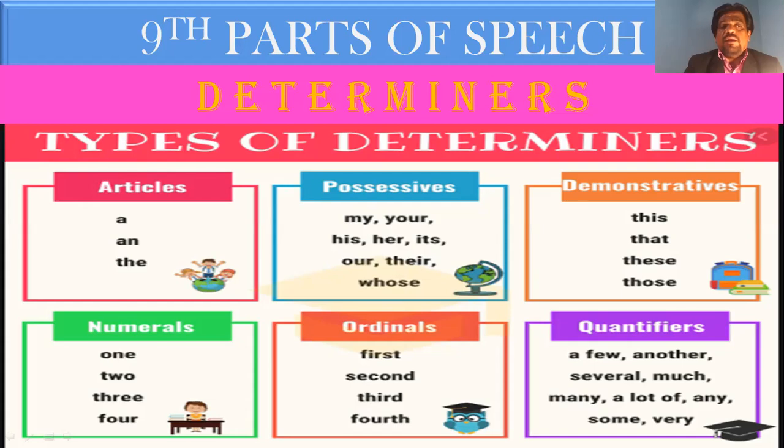And then the numerals 1, 2, 3, 4, ordinals first, second, third, and the quantifiers that show how much a noun could be: a few, another, several, much, many, a lot of, any, some, as well as very. Now we may find a determiner determines the type of noun that they represent.